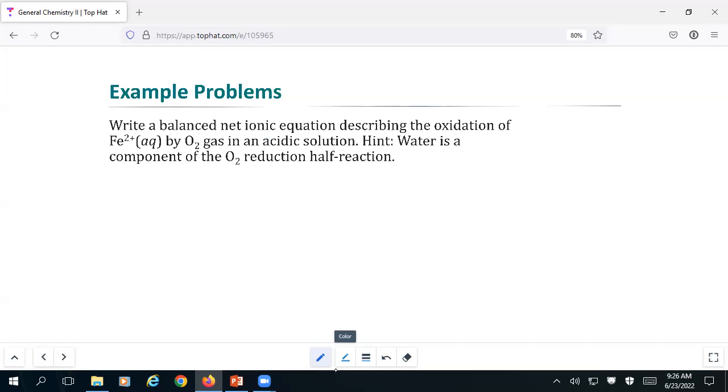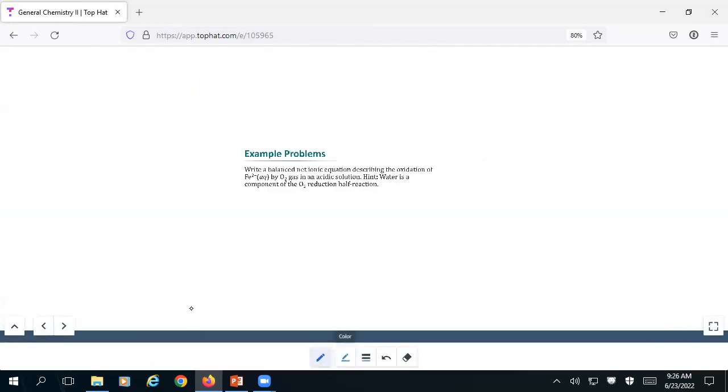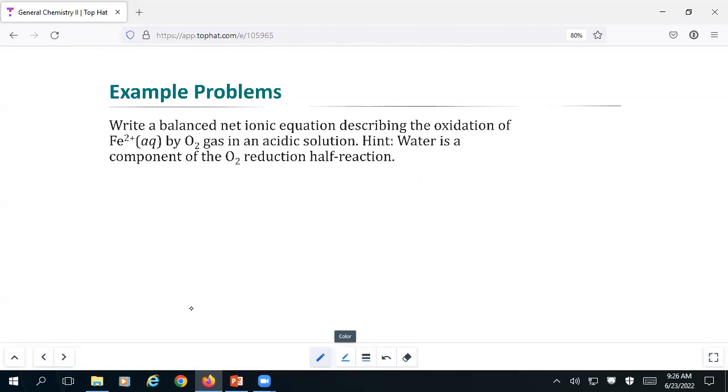All right, let's take a look at one more example problem and then we'll take a break here. Write a balanced net ionic equation describing the oxidation of iron 2 by oxygen gas in an acidic solution.